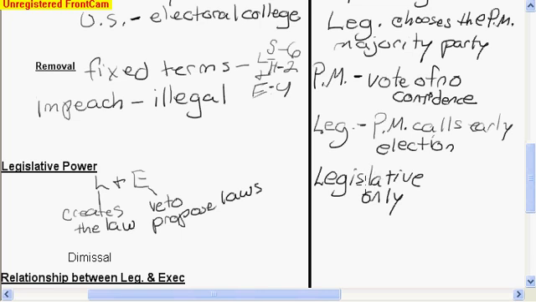And really, the main reason for this is that you have to remember the Prime Minister is the member of the majority party. So, generally speaking, because the Prime Minister is chosen from the majority party, that Prime Minister is not going to disagree with the laws that are put into place by the majority party within Parliament.